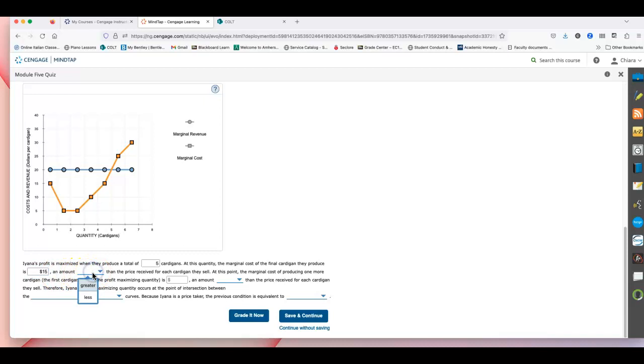An amount that is less than the price received for each cardigan, because the price we receive is $20. We know it from the question, and we know it because our marginal revenue is $20. At this point, the marginal cost of producing one more cardigan, so going from 5 to 6, would have been $25, right?